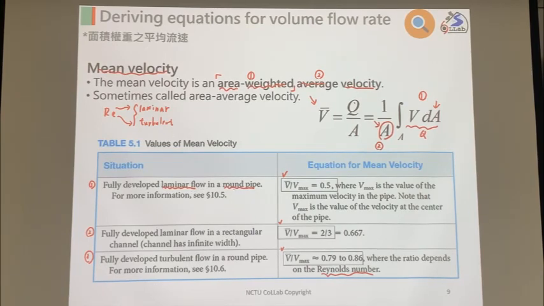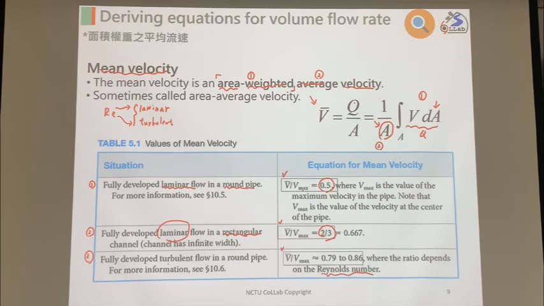For laminar flow in the round pipe, we know that the ratio between the mean and the V maxima is 0.5. But if you consider rectangular flow under laminar conditions, the ratio is different, it is 3/2.